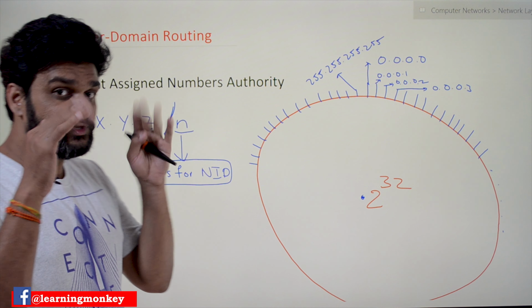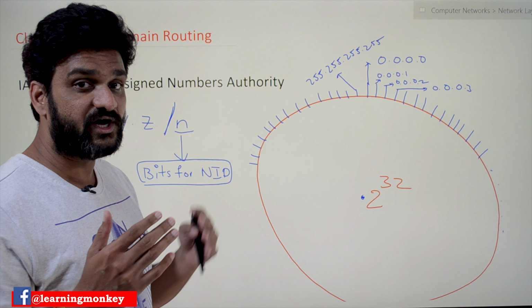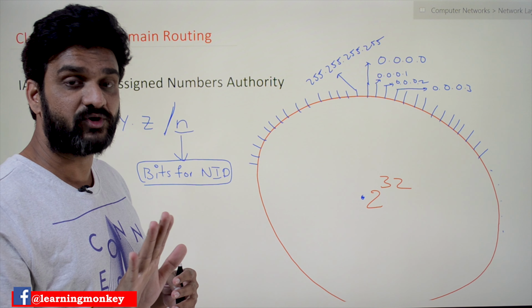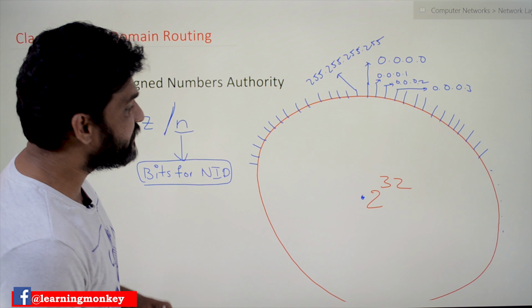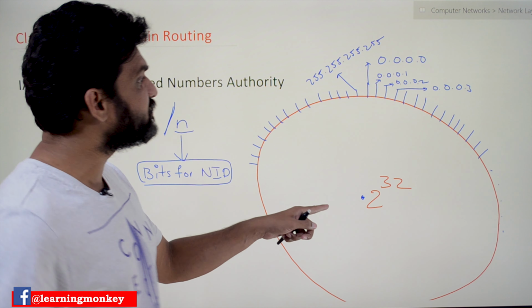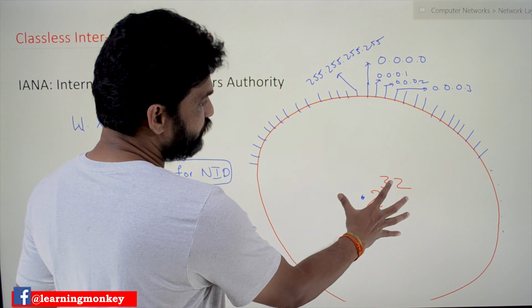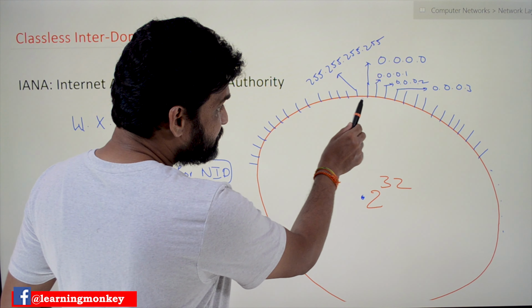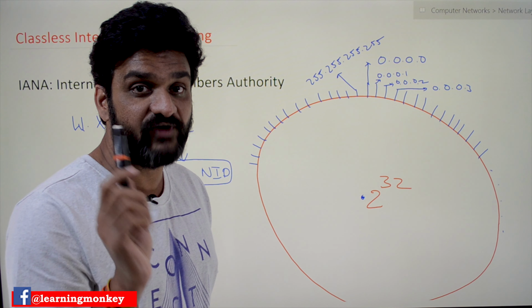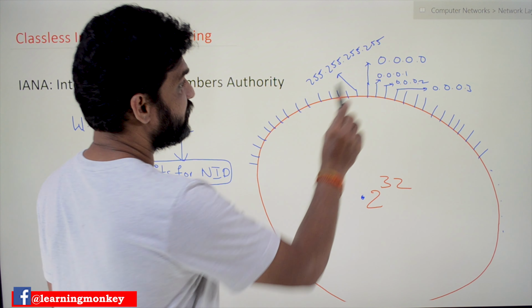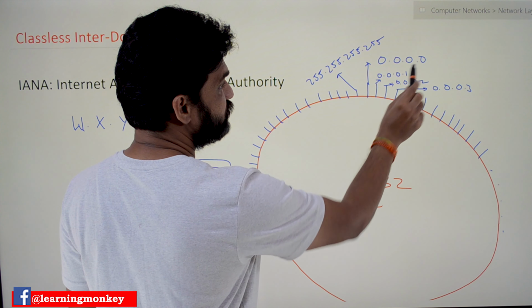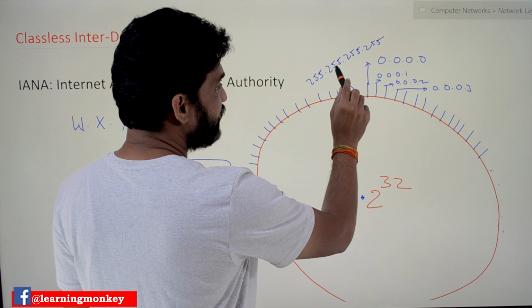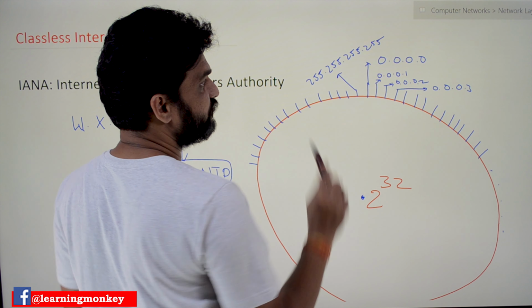Now let's visualize things in a different way. So far we had class A, class B, class C; now there are no more classes. The entire 2 power 32 IP addresses are grouped into one single group, and each line here represents one IP address. It starts from 0.0.0.0 and goes up to 255.255.255.255.